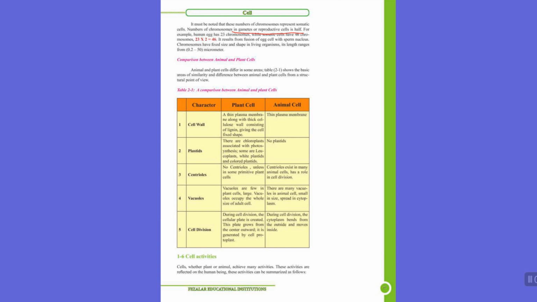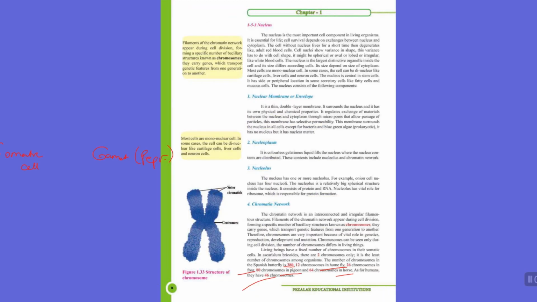But in the chapter question about these numbers, the only question is about the Spanish butterfly. It asks: if there are 380 chromosomes in a somatic cell of the Spanish butterfly, what is the number of chromosomes in the egg cell?